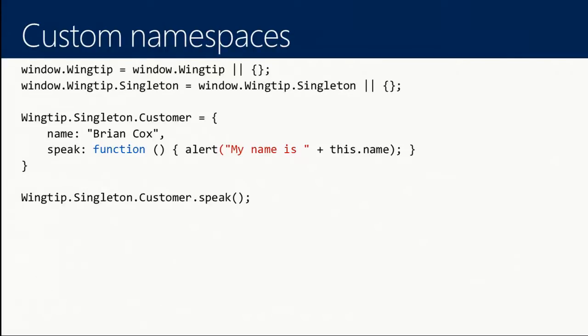So remember I said functions are objects, so this shows you how functions can be used in really cool ways, not as a function in the global namespace, but in this case, a function which is actually a member of an object. And the reason you care about that is demonstrated by the final line of code there, which is wingtip.singleton.customer.speak, which will execute the alert that you see.